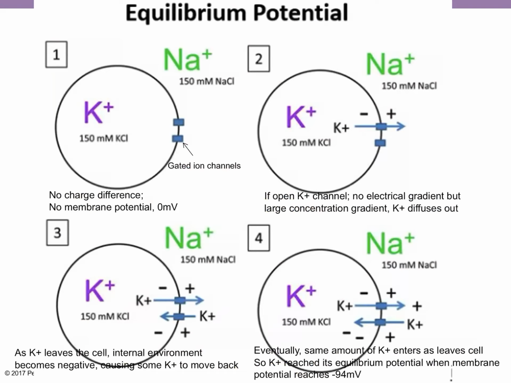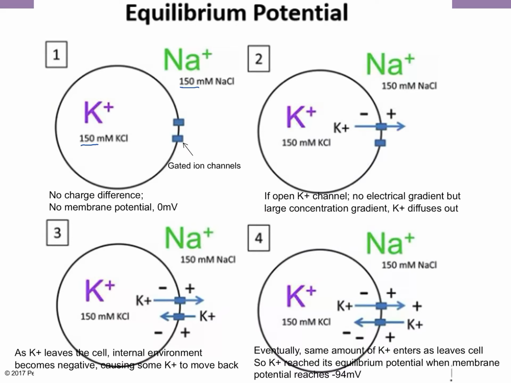and we are going to look first at equilibrium potentials of both potassium and sodium ions. Those are the two ions that are going to be critical in the conduction of graded potentials and also for action potentials. So let's start with potassium. Let's start with number 1 here, where we see there is an equal amount, 150 millimolars of potassium chloride and 150 millimolars of sodium chloride.